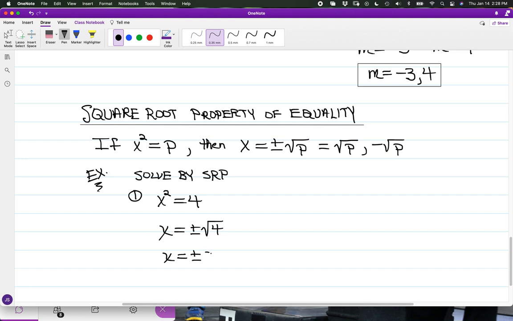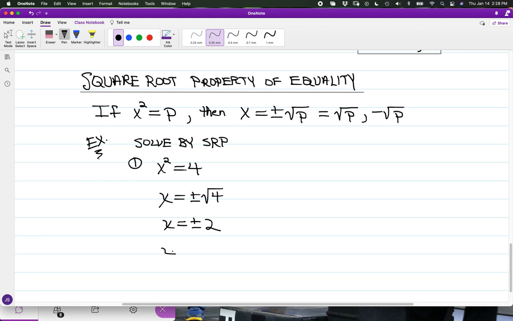In compact terms, our solutions in x will be plus or minus 2. Itemizing, x is equal to negative as well as positive 2.